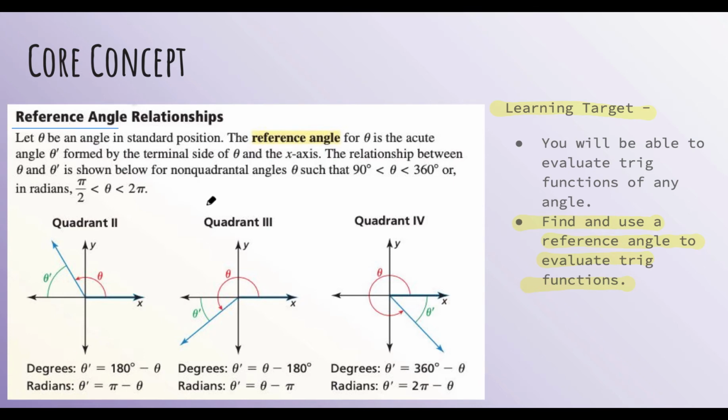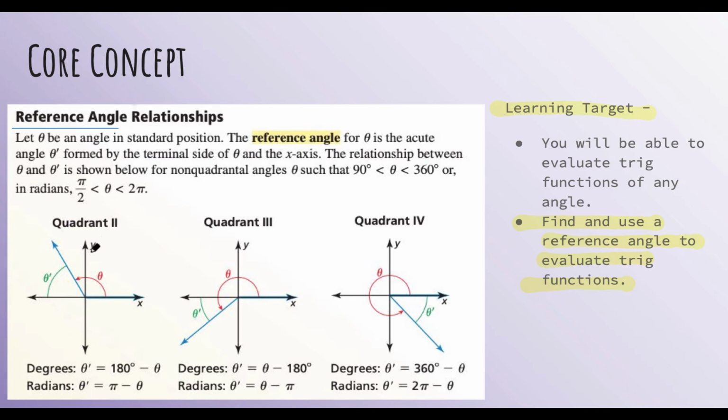The reference angle is going to be formed when we have an angle theta, but reference angles are only in quadrants 2, 3, and 4, okay? So let's say we have some angle theta, and it's an angle that's measured in standard position. Let's look at this angle that's in quadrant 2. Theta starts on the initial side and opens up to this terminal side here. The terminal side is in quadrant 2.